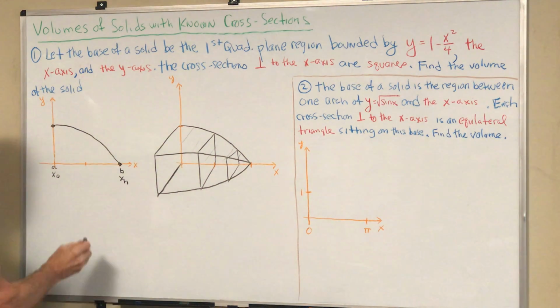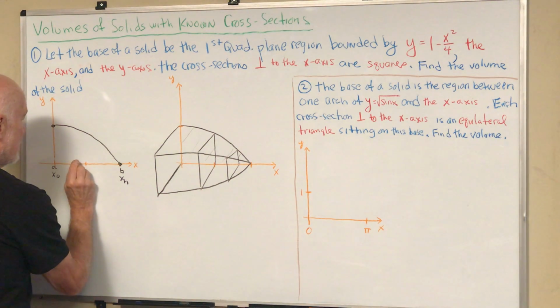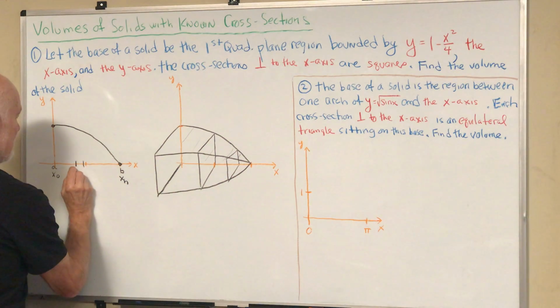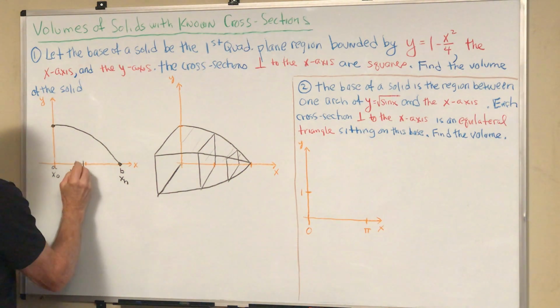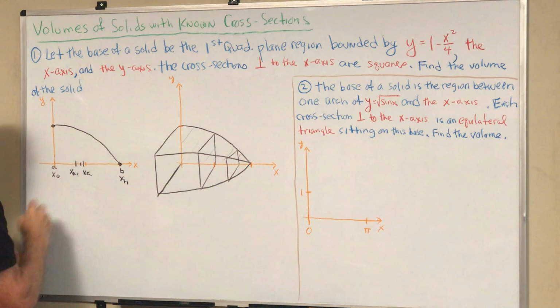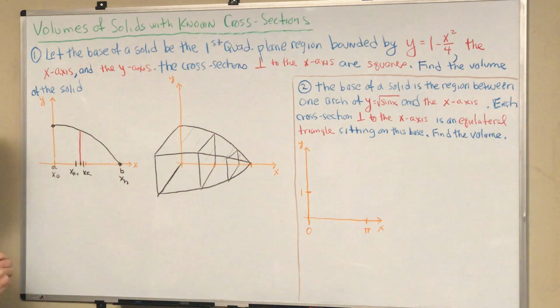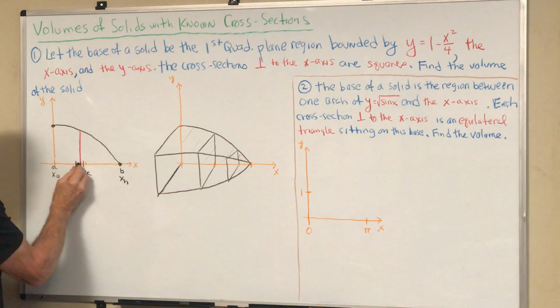But then we're going to take a kth section from x sub k minus 1 to x sub k and pick a value somewhere in there, c sub k, and that's going to be our height, and then we're going to use delta x sub k to be our width.